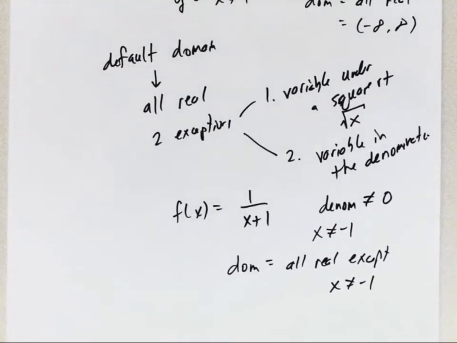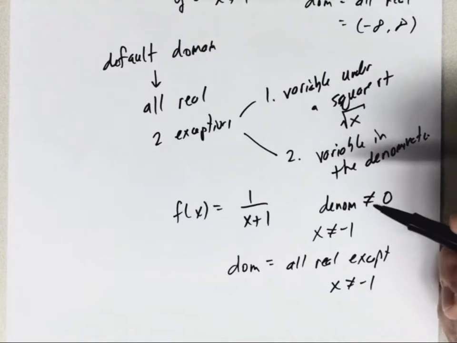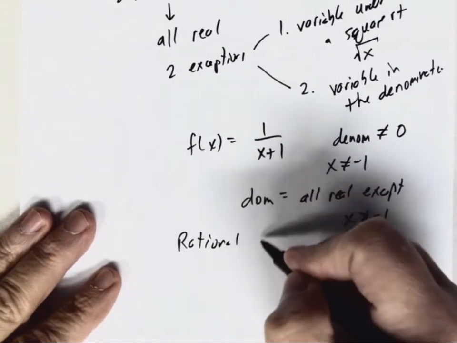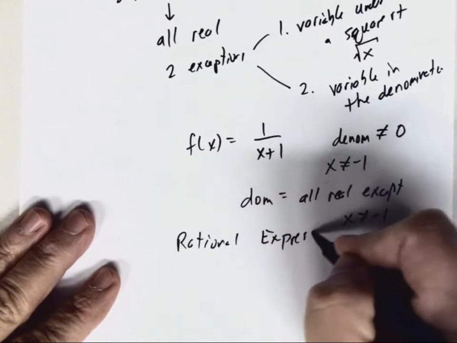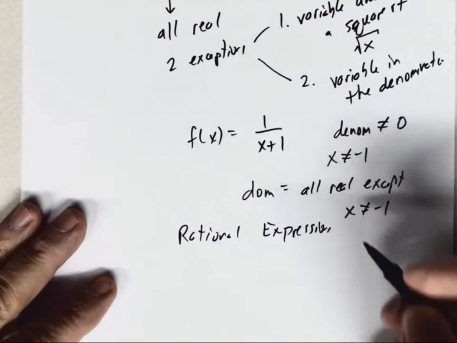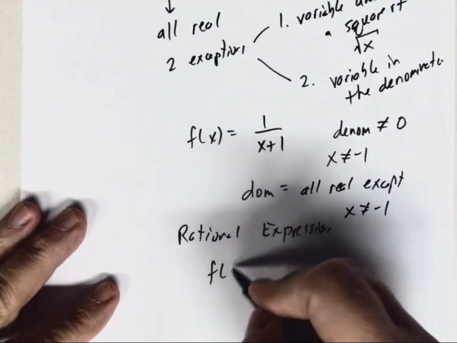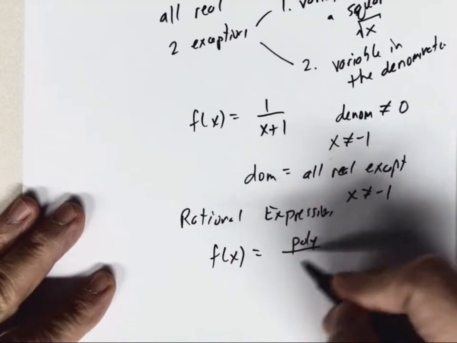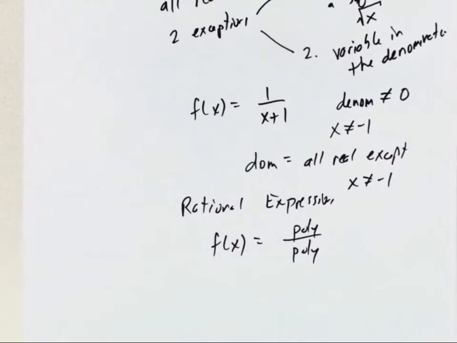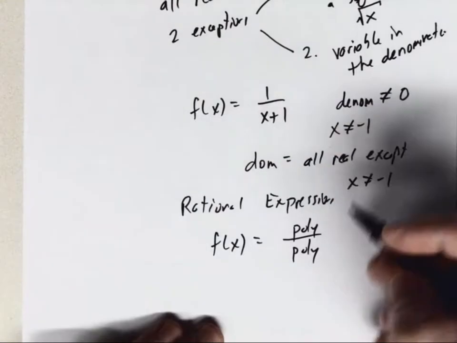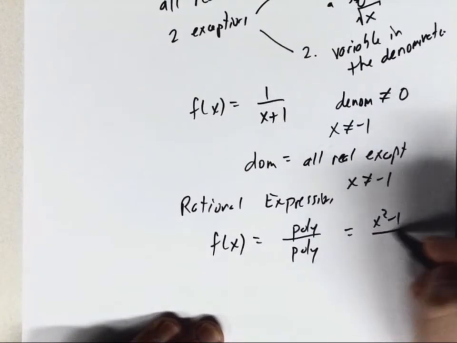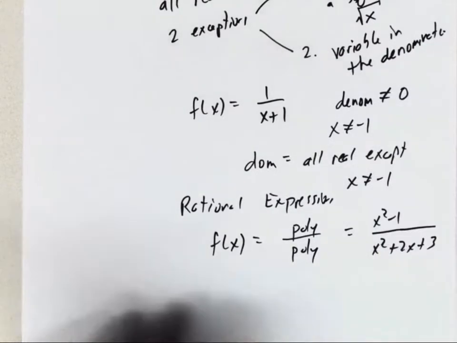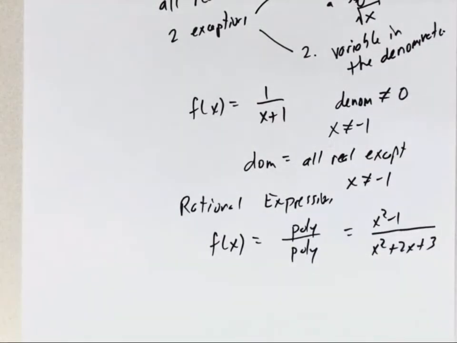Now, in the next section of what we're covering, we're going to start working with what are called rational expressions. A rational expression is a fraction made up of a polynomial over a polynomial. Here's an example of a rational expression.